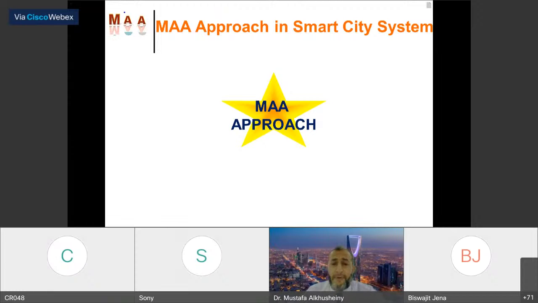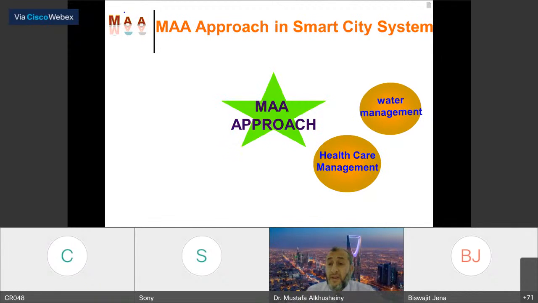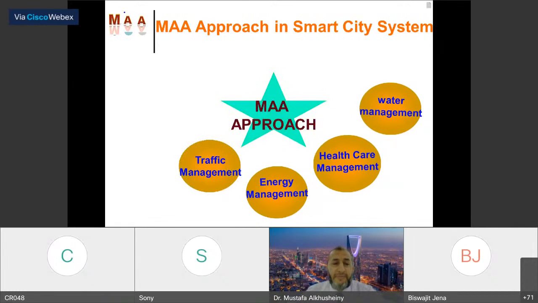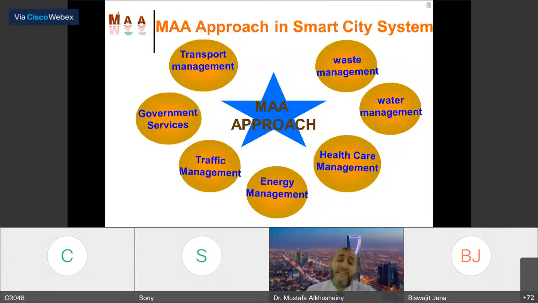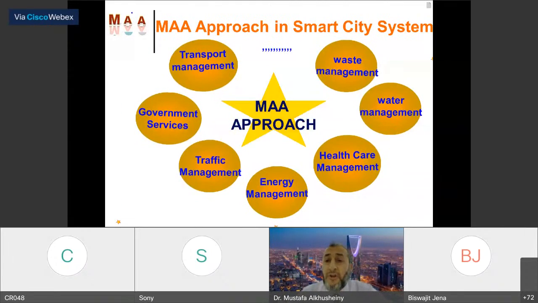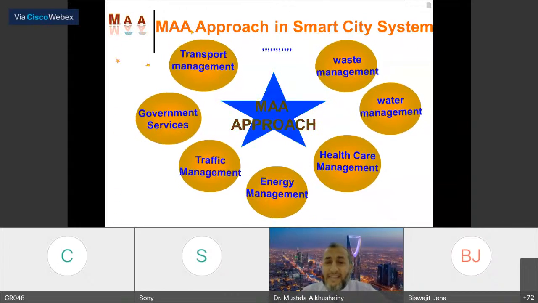So my approach is applied on water management, healthcare management, which is related to the smart city system, on energy management, traffic management, governmental services, waste management, transport management, and all the services related to the smart city. By these methods, everything will be controlled and monitored, and we can reach excellence easily.